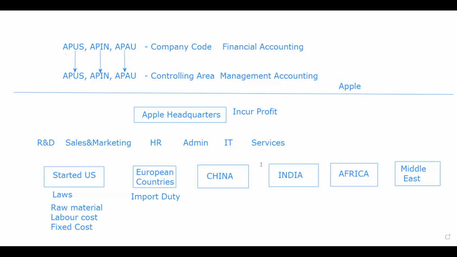Okay, so now these many things will impact the price of the product. Why we are talking about all of this is that there will be different costs that a company will incur. And when you are incurring different costs in different locations within the country also, there is a 100% chance.